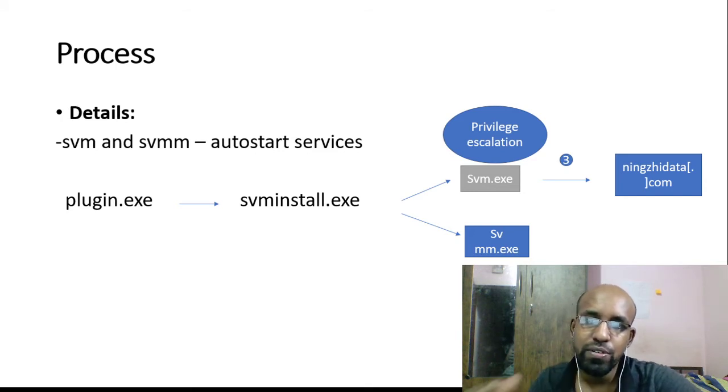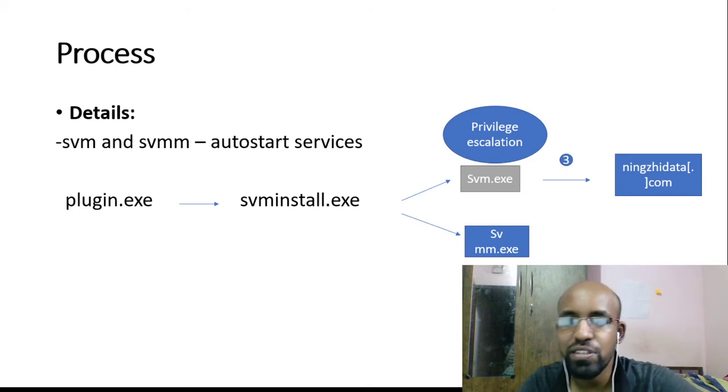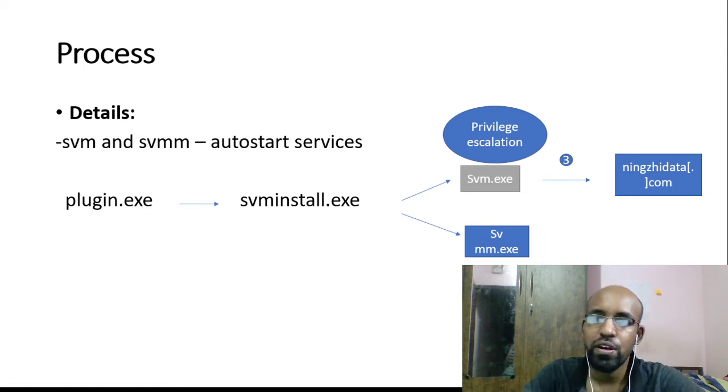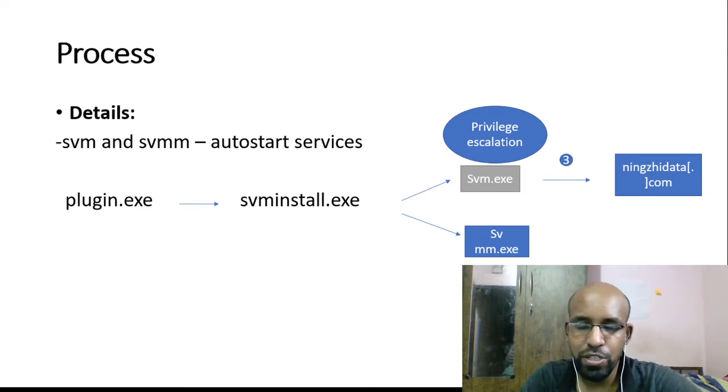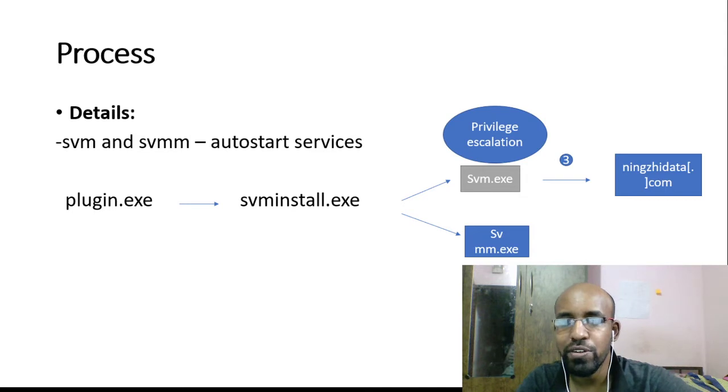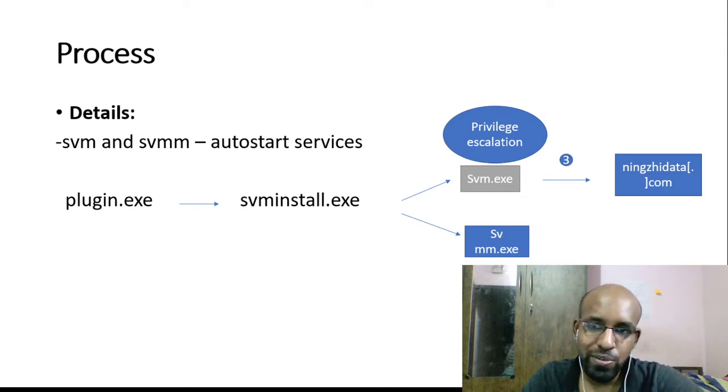And this svm.exe tries to connect 3 times initially to this particular domain to get the commands. This domain is nothing but the command and control for the attacker. Once he gets the information, he will try to send other commands.